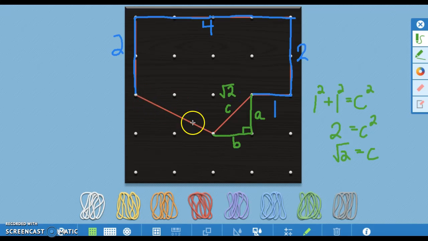And now I need to do the same to find this side length. I need to create a right triangle. And we'll call this side length A, this side length B. A has a side length of 1. B has a side length of 2.